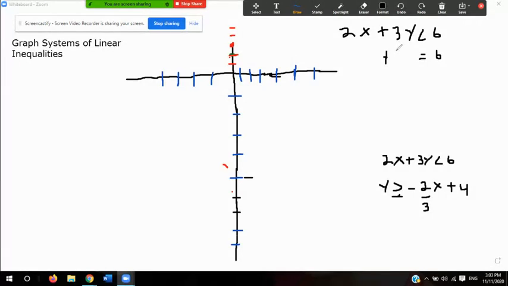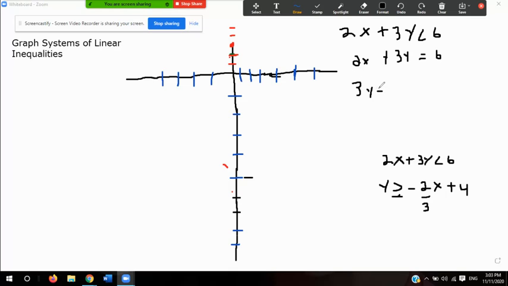Although you just have to remember that at the end, you have to write the inequality sign because they are linear inequalities. So the first thing I'm going to do is get rid of this 2x. That's going to leave me with 3y equals 6 minus 2x, because I subtracted 2x on each side, or I moved the 2x to the other side.